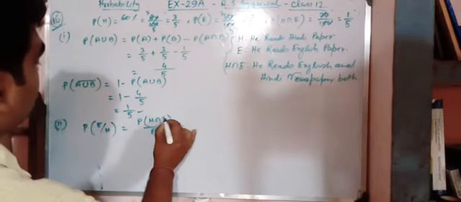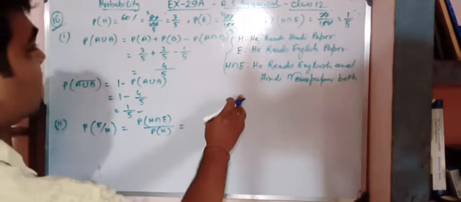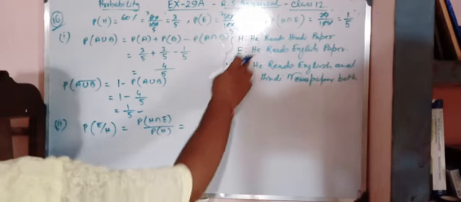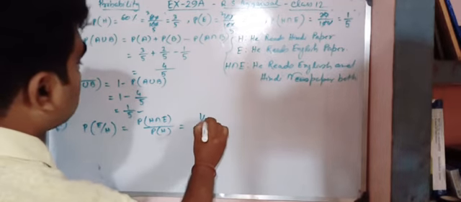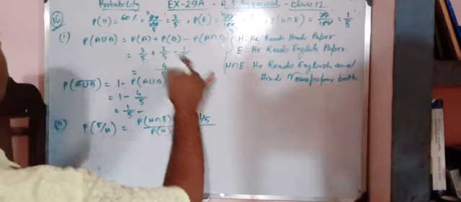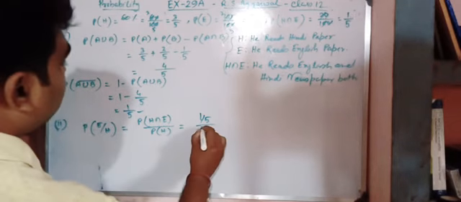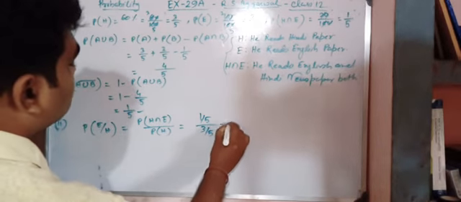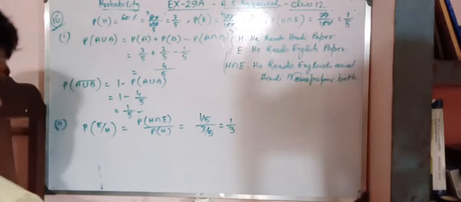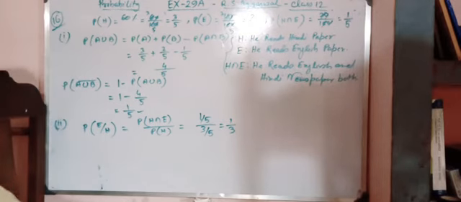So 1 by 5 divided by probability of H, which is 3 by 5. That means 1 by 3.